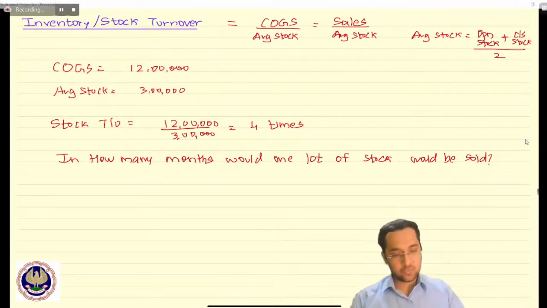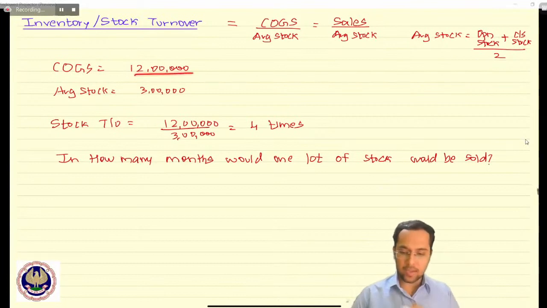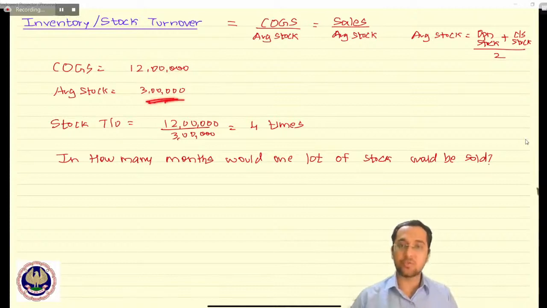The question is clear. 12 lakh is the COGS, average stock is 3 lakh, so stock turnover is 4 times. It means I'm able to sell 4 times my stock as goods. It means I am selling 4 lots of such goods in a year. So in how many months would one lot of stock be sold? How many months would we take to sell one such lot?